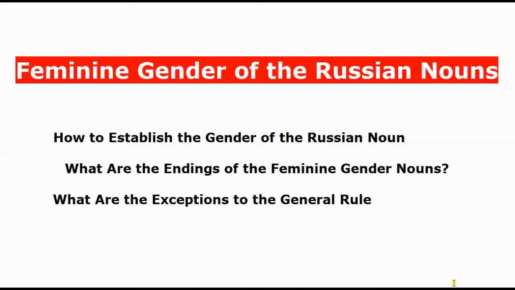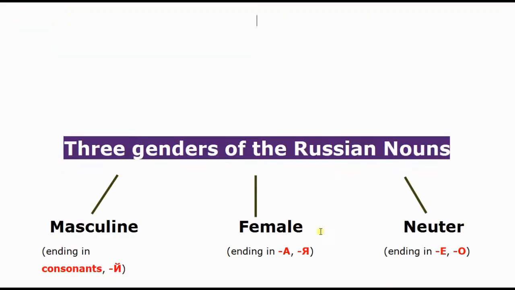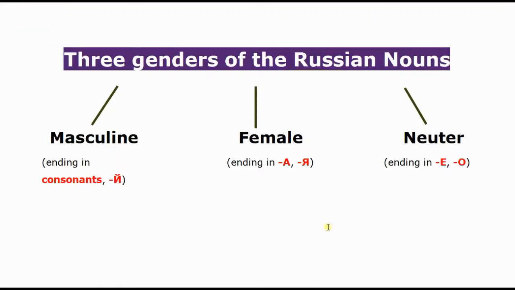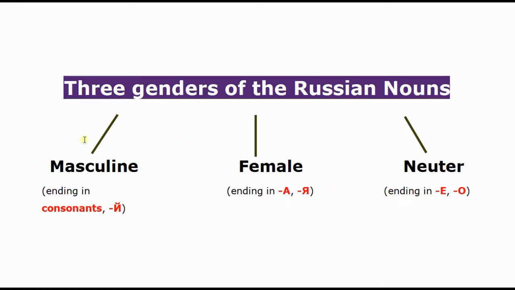And now let's start with our lesson for today, and just to remind you again, there are three genders of the Russian noun. We have three big groups, which are masculine, feminine, and neuter. They are just a formal notion, that is, just a specific grammar form by which Russian nouns can be divided into three groups, and they do not have any specific meaning, they are just important for correct grammar.